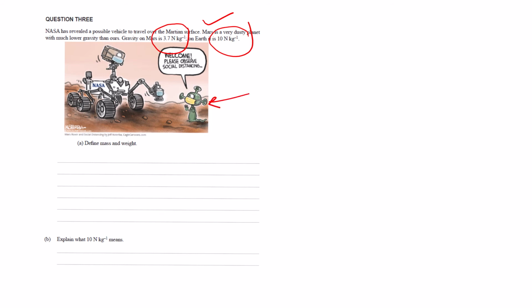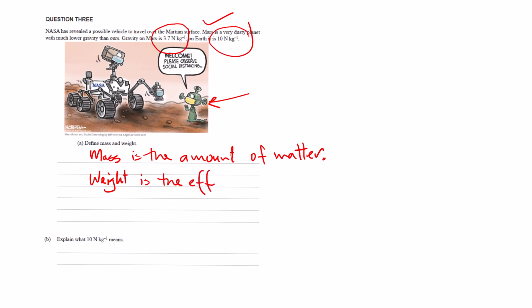Okay, define mass and weight. We can say mass is the amount of stuff, the amount of matter, the amount of material that something's made of. Whereas weight is the effect of gravity on the object.